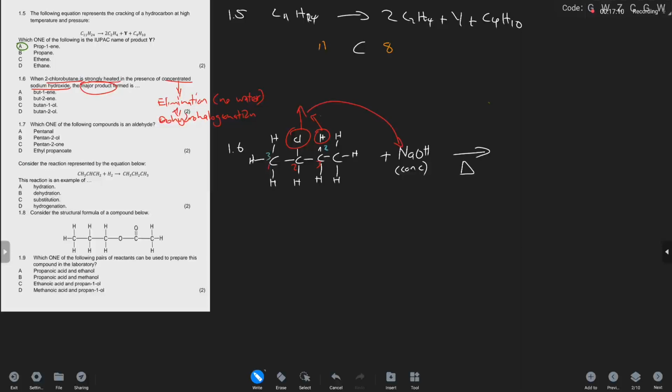Right, so the Cl, which has been eliminated, will be attached to the Na atom, and the hydrogen atom will be attached to the OH group from sodium hydroxide, forming the major product, which is going to have a double bond at carbon atom number 2.